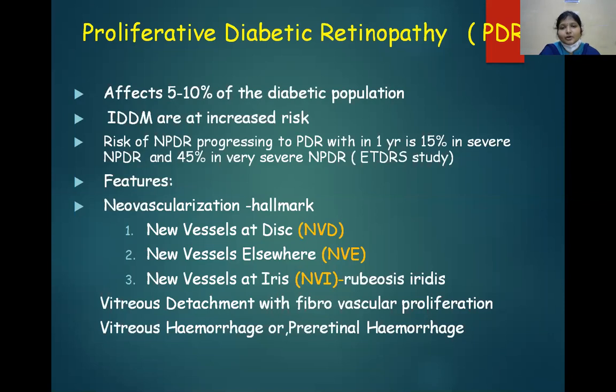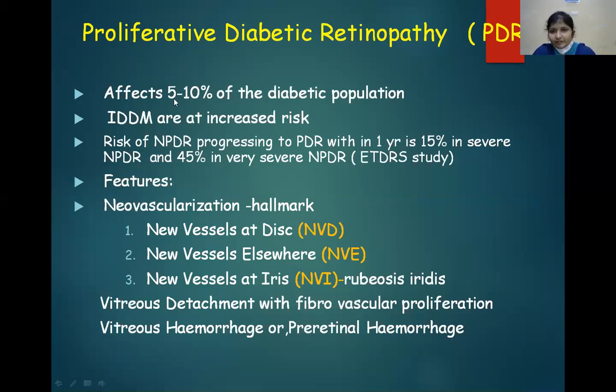And the risk of NPDR progressing to PDR within 1 year is 15% in severe NPDR and 45% in very severe NPDR. That means in severe NPDR stage, 15% of the cases can progress to PDR within 1 year, whereas in very severe NPDR, about 45% of the cases can develop PDR within 1 year. This is based on the ETDRS study.